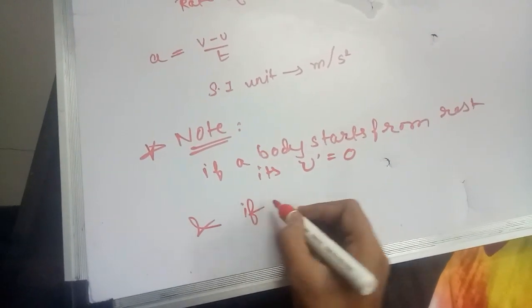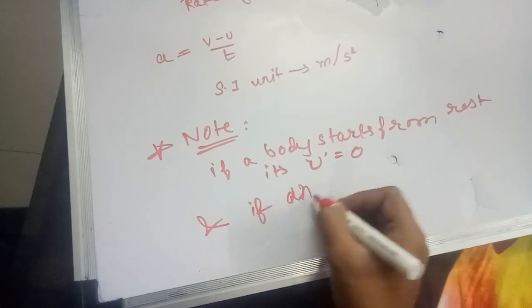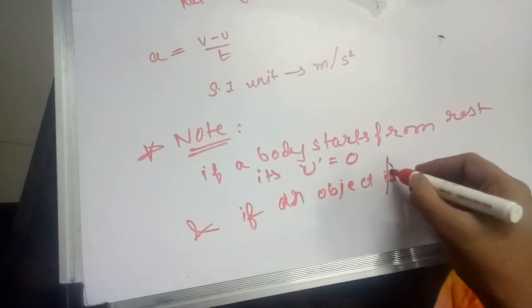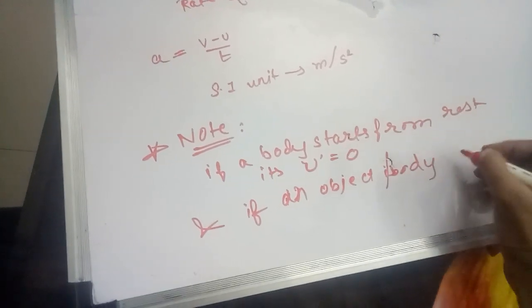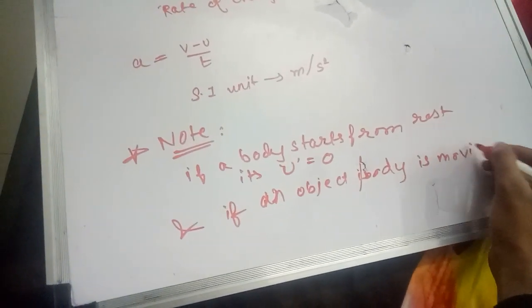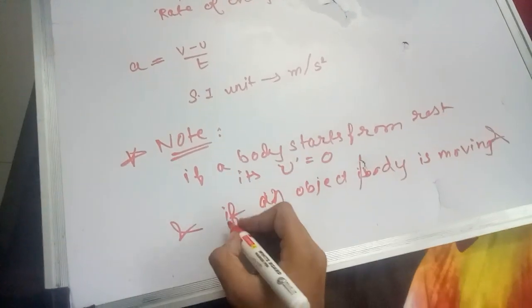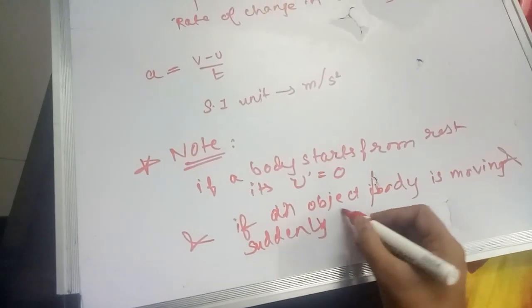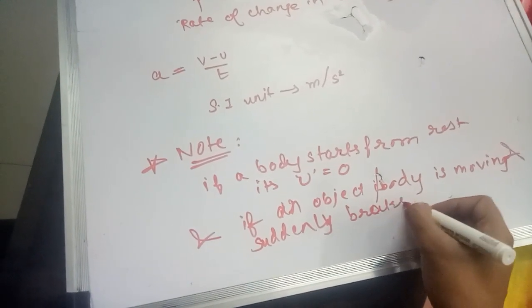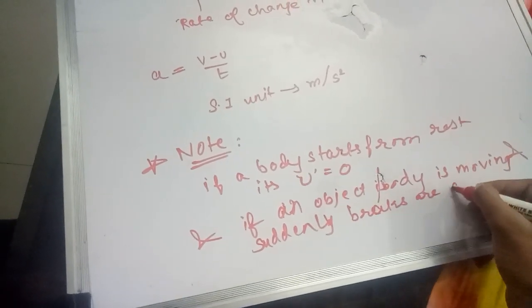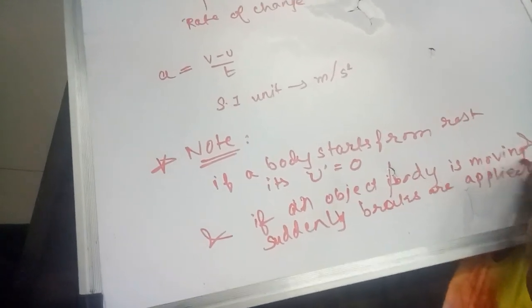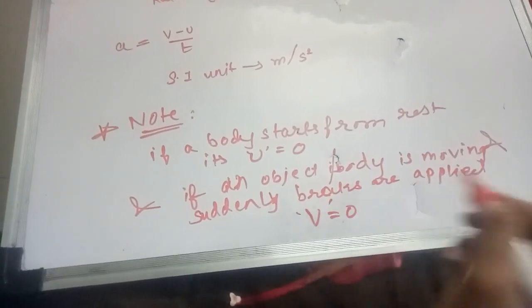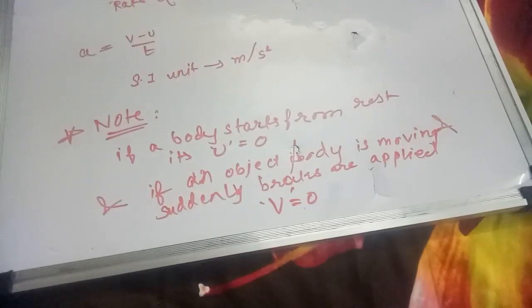And if an object or a body is moving and suddenly brakes are applied, in this case we will take v equal to 0, means final velocity as 0.